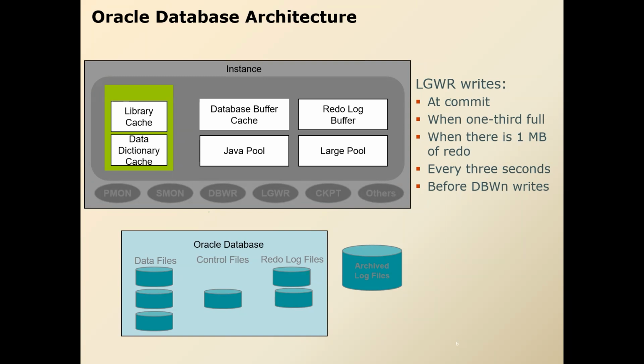So GoldenGate uses these redo log files or archives for capturing the change data, because your redos contain only the change data. Whatever changes are happening to the database in any of the objects, those changes get written into the redo log file.